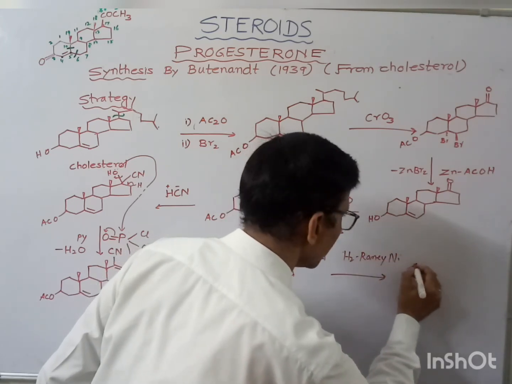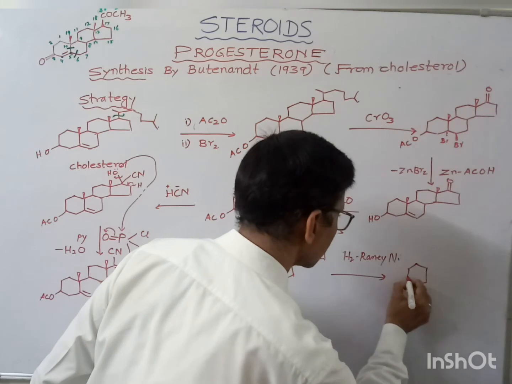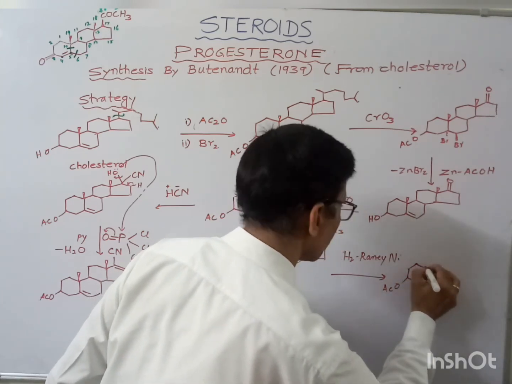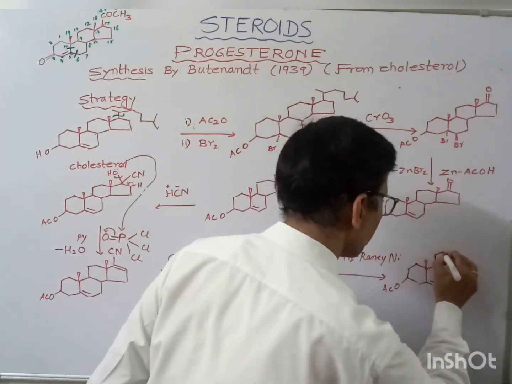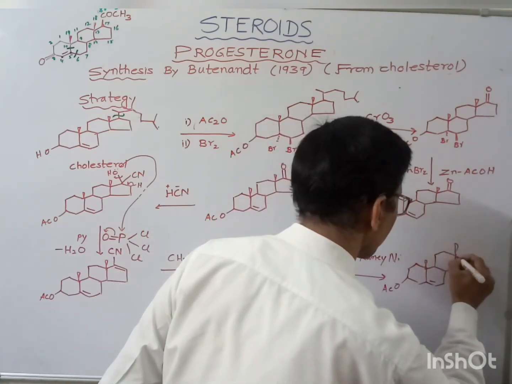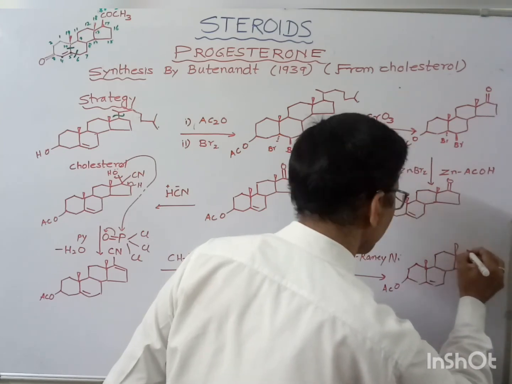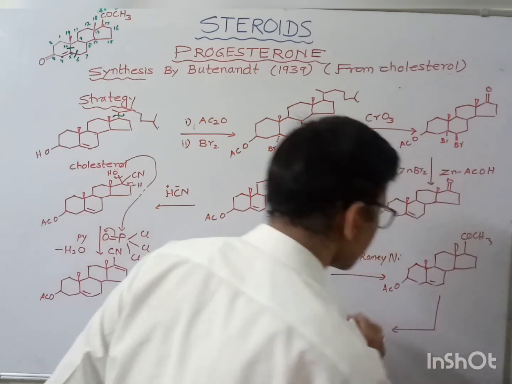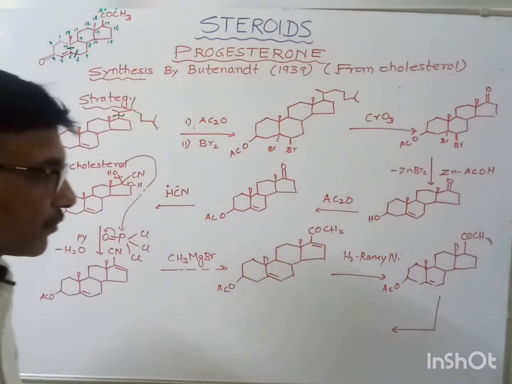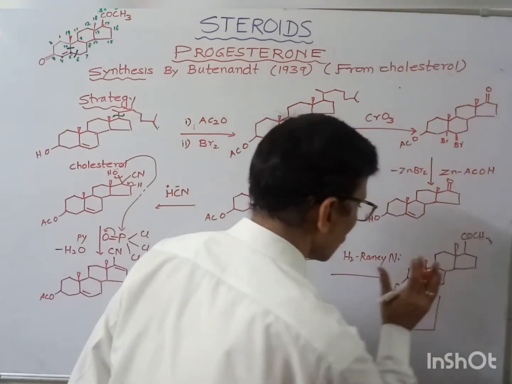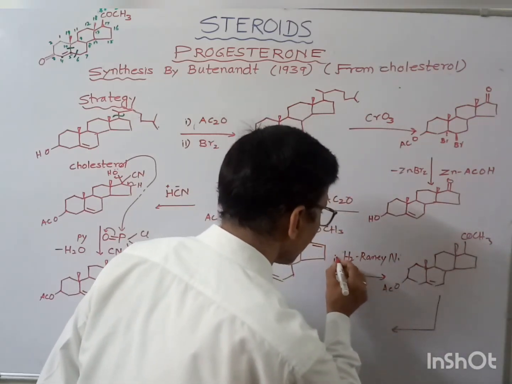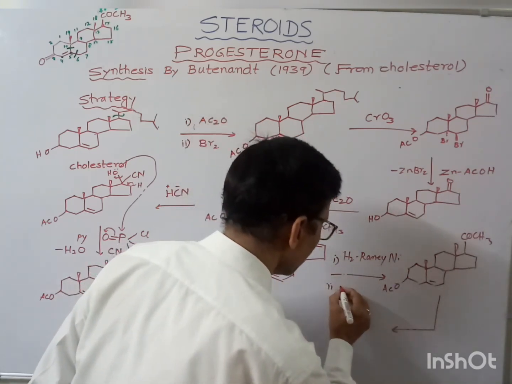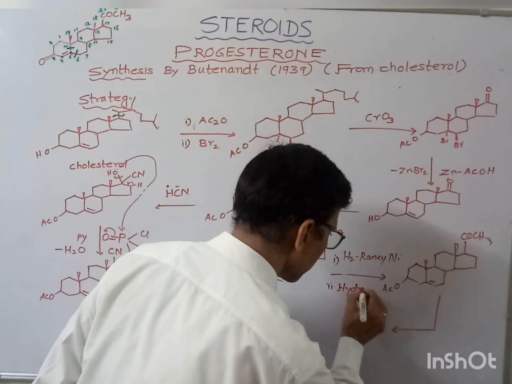So partial reduction will occur over here. This will have the COCH3, and in the next step we may do the Oppenauer oxidation, and we may deprotect this one by hydrolysis.